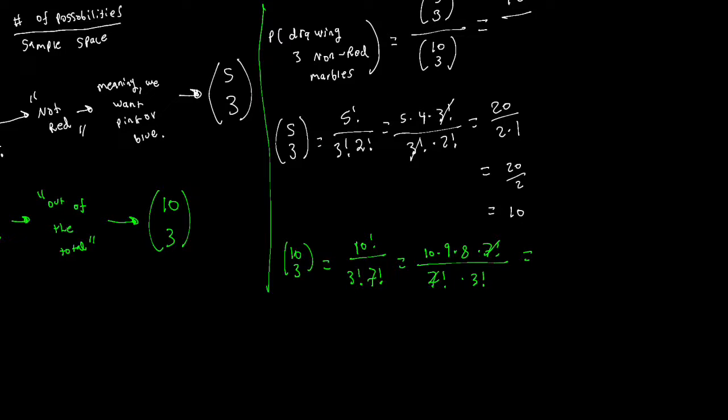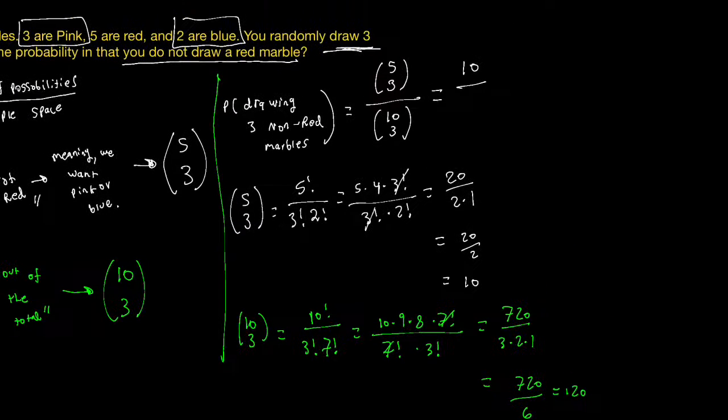So we get 10 times 9, which is 90, and then 90 times 8 is going to be 720. 3 factorial is the same thing as 3 times 2 times 1, which is 6. So we get 720 over 6, and 720 divided by 6 is going to give us 120. So the denominator here is going to be 120.